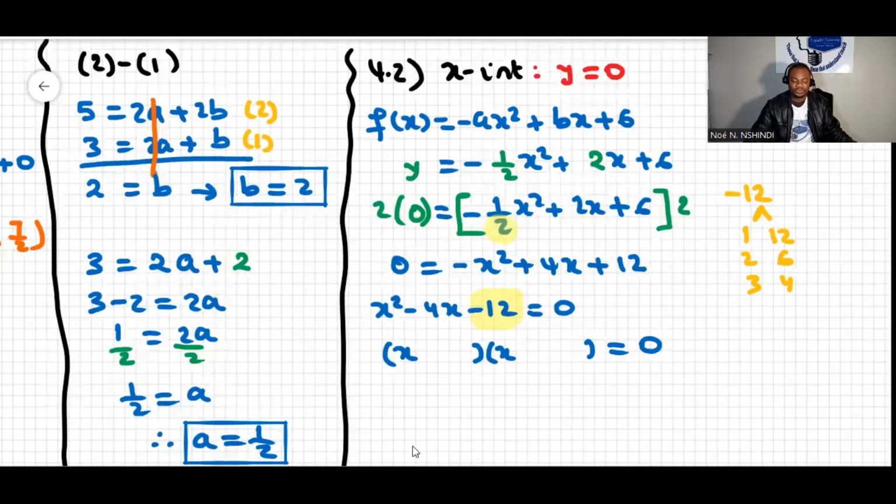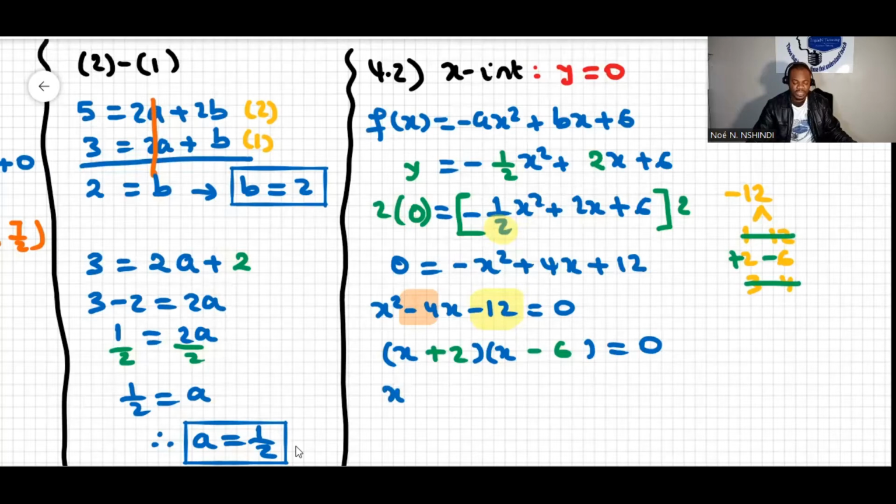Now I ask myself this question: which couple in the list of factors of 12 will make a sum equal to -4? With 1 and 12 we cannot make -4. With 3 and 4 we cannot make -4, but with 2 and 6, yes, we can, if you have a +2 and a -6. So I place +2 here and -6 there.